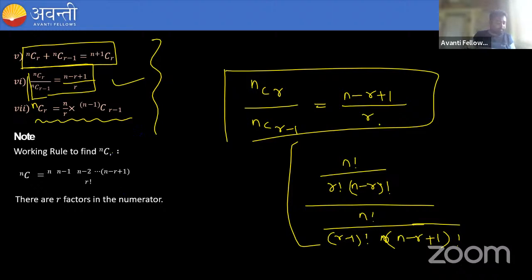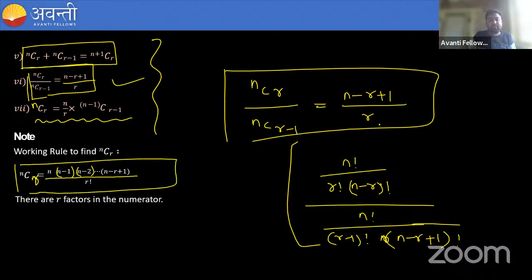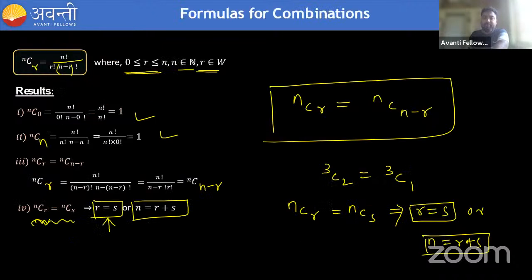What is the working rule for nCr? That is n into (n minus 1) into (n minus 2) up to (n minus r plus 1) divided by r factorial. This is the working rule for nCr. So this is all about the formulae for factorial notation and combinations.